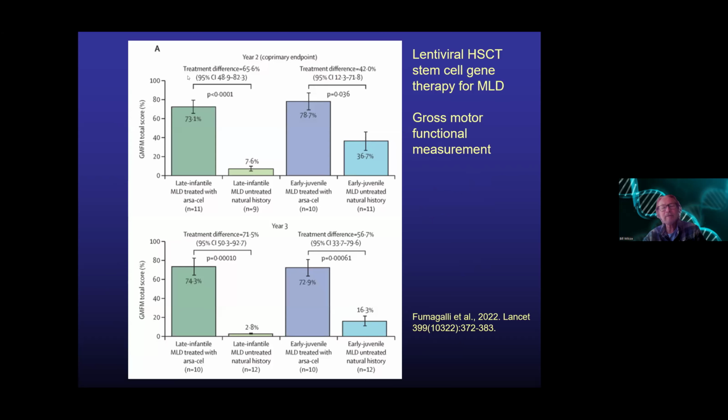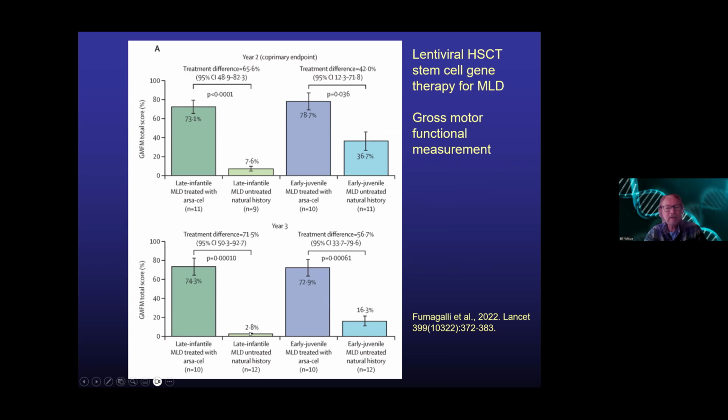And then you don't get graft versus host disease because it's the patient's own cells that you're putting the gene in. And this is from the clinical trials. So this is the year 2 and year 3. If we look at year 3, and this is motor function scores, this is late infantile disease, and this is early juvenile.